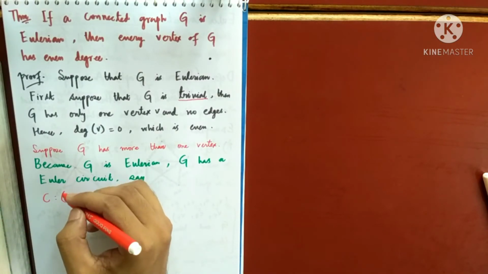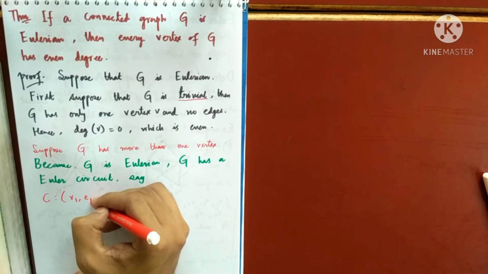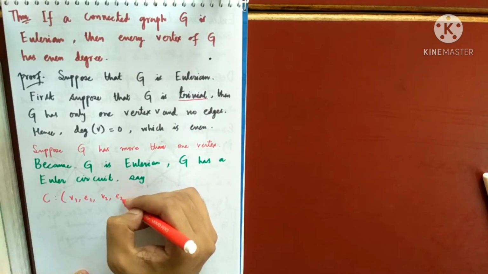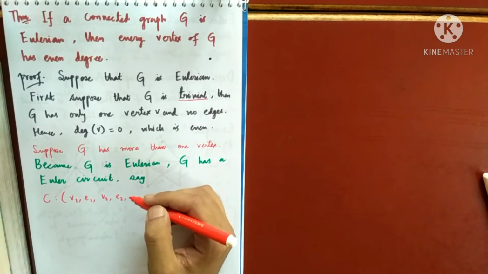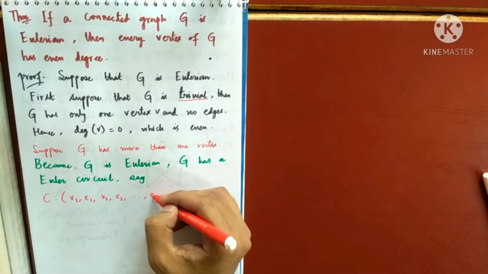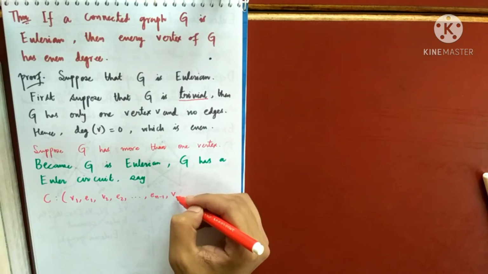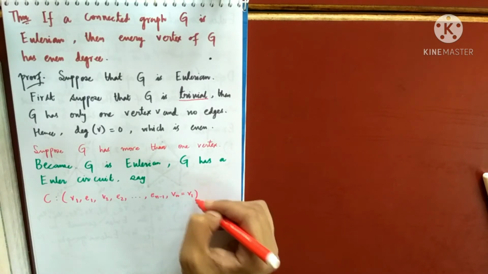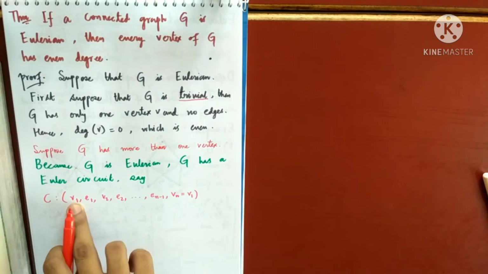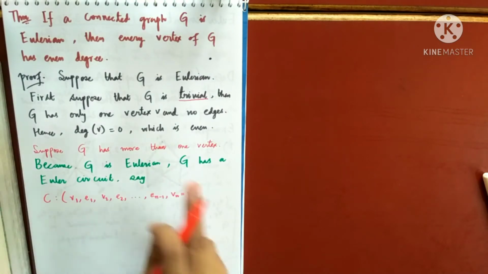Suppose I start with some vortex V1, and V1, E1, V2, E2, dot dot dot, En minus 1, and then the last vortex Vn, and Vn will be same as V1. That you should know because we are talking about a circuit. I will start with V1 and I'll end at V1.